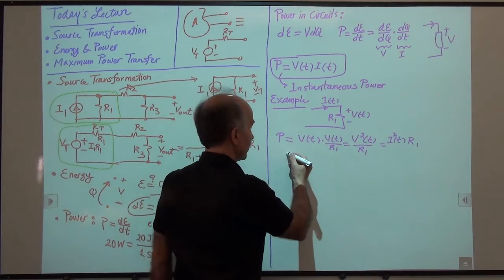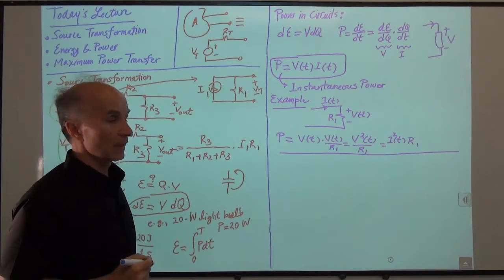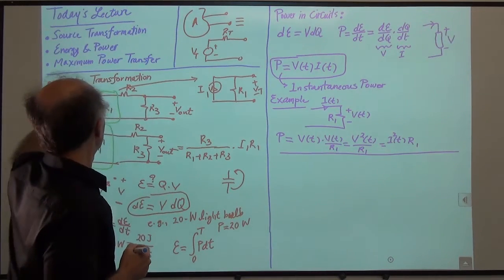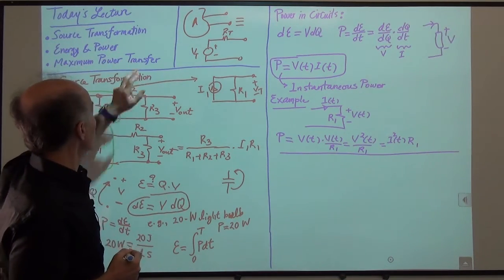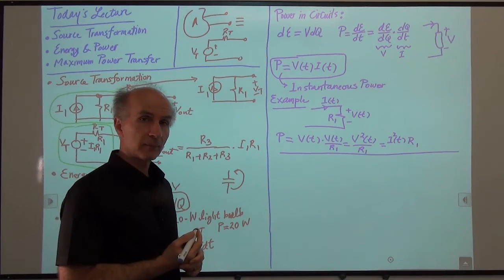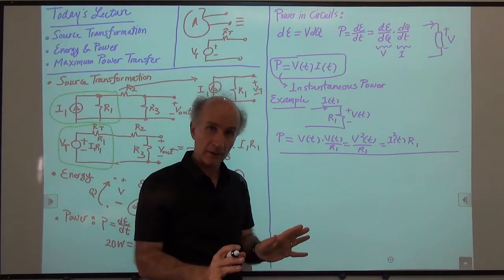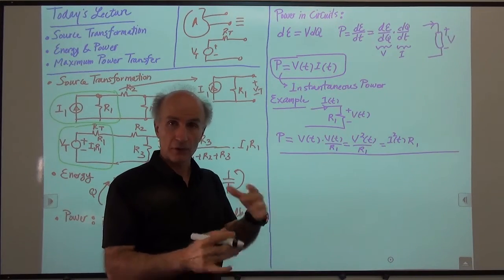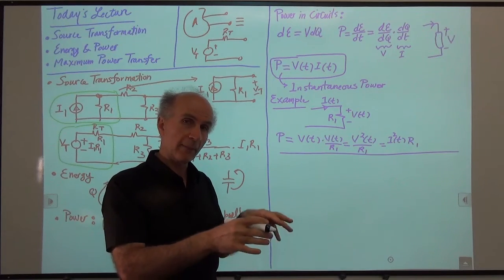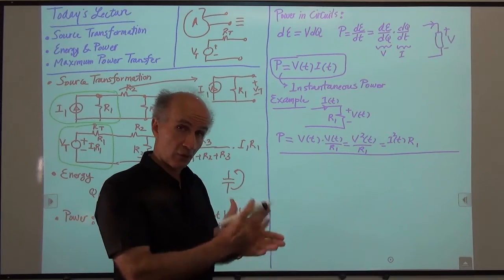All right, so based on that, now we can go ahead and extend the idea to the notion of maximum power transfer. So let's see what that means. All right, so we decided that if I have a resistor anywhere in the circuit, and I know its voltage or current, I can readily write the power that is consumed by the resistor instantaneously as a function of time, right?